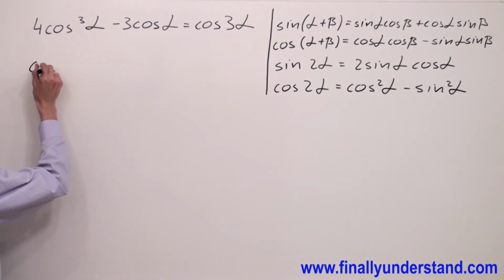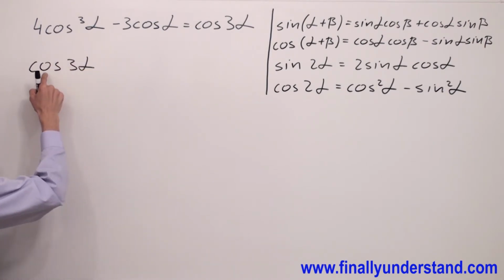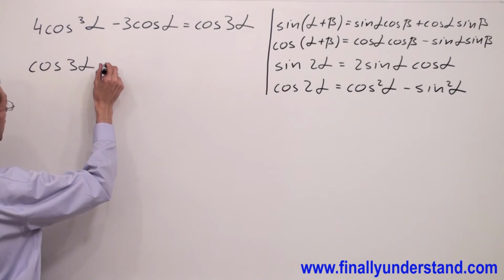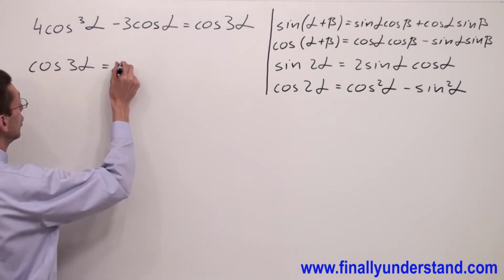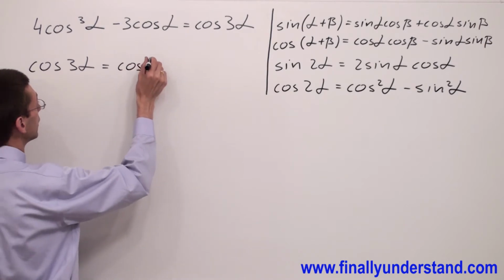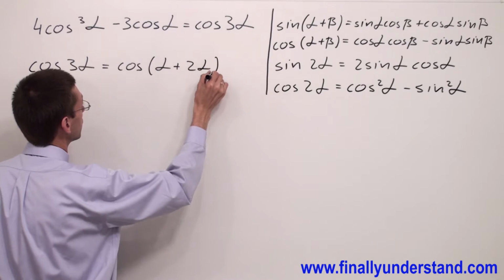I have cosine 3 alpha. I can rewrite this cosine as the cosine of the sum of two angles: cosine of alpha plus 2 alpha.